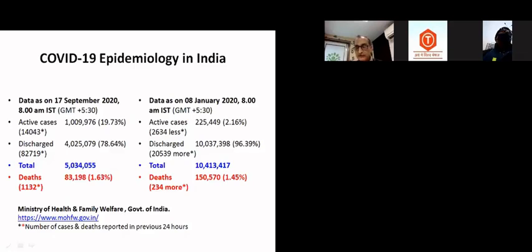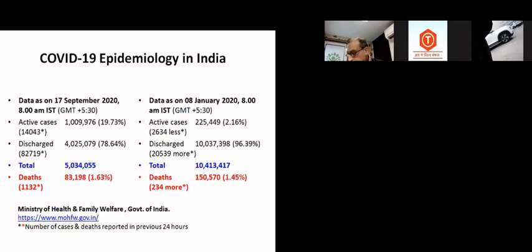So about 150,000 people have already died in India because of the COVID disease per se. But definitely you can see the death figures in the last few weeks have gone down. If we see the whole world, there are about 85 million people who were affected with COVID, and India accounts for about 12% of the total number of cases.